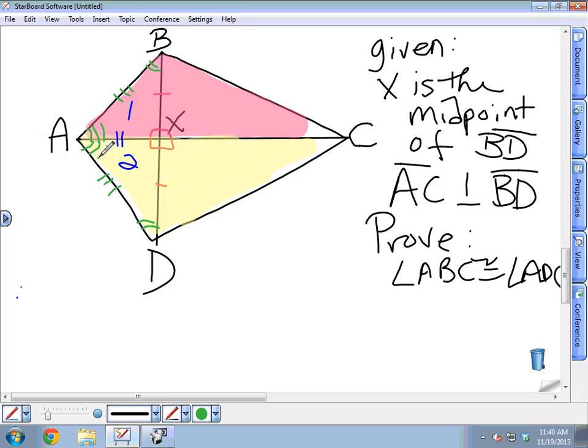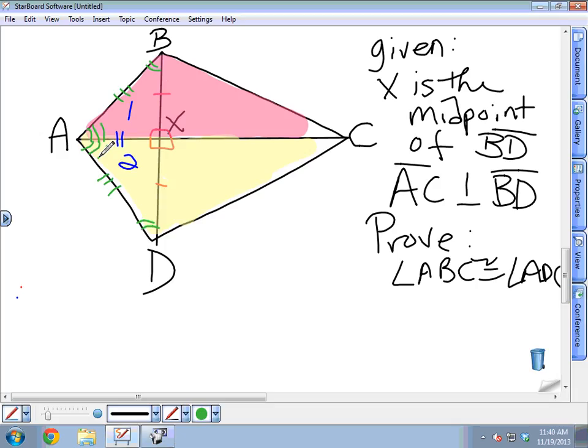CPCTC. All right. So now I have AB is congruent to AD, and what was my reason there? And BAC is congruent to DAC, sorry. You could call it X, but it's DAC as well. And what's the reason there, Jordan? We just marked up our triangles.